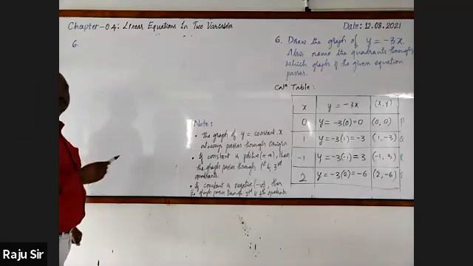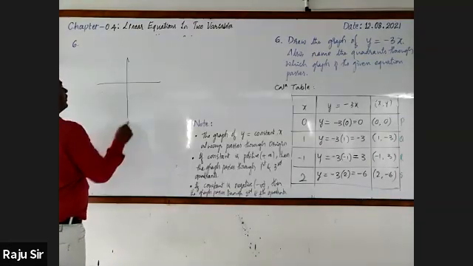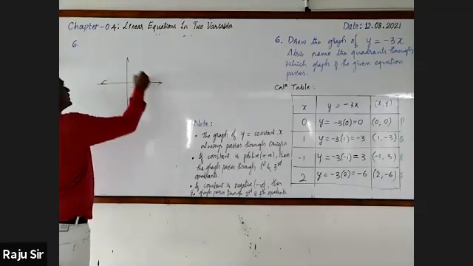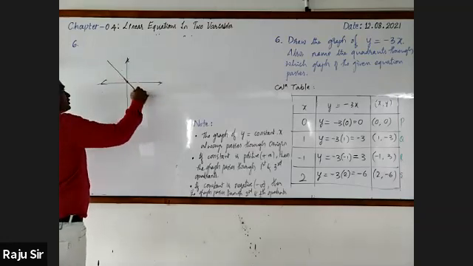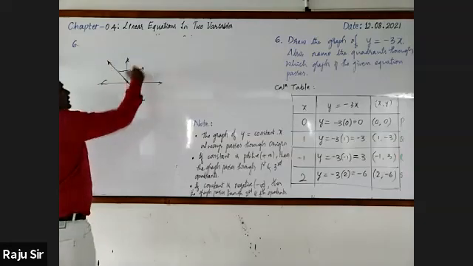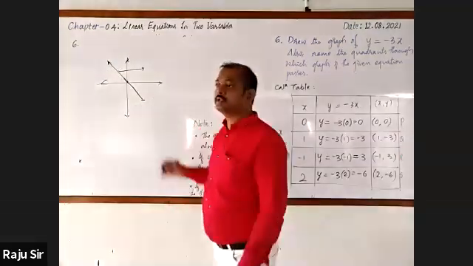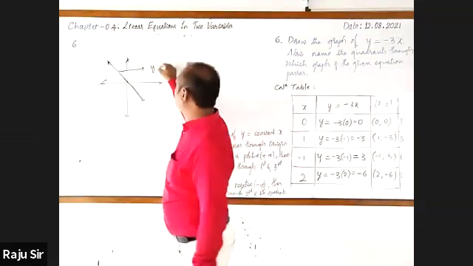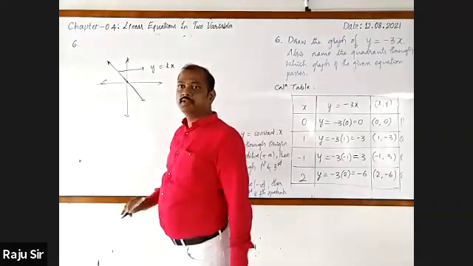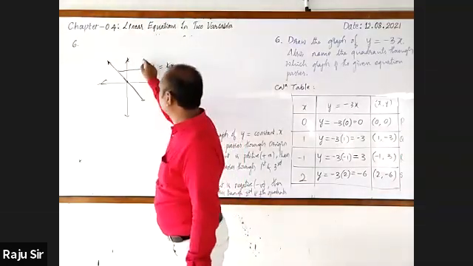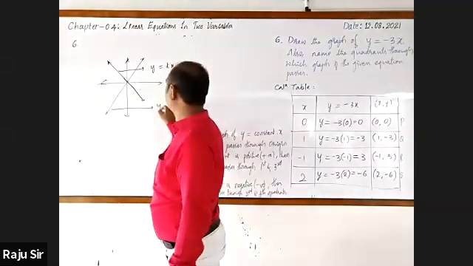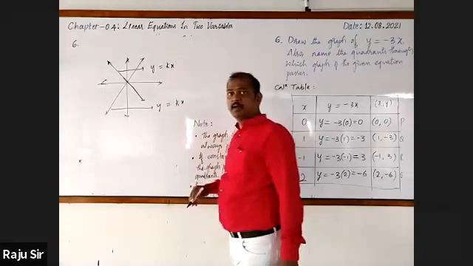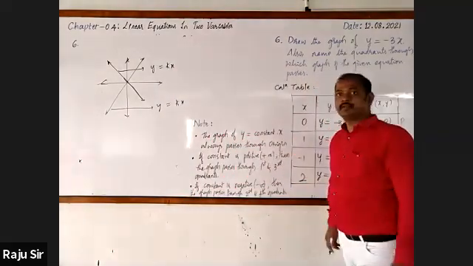Just observe it. It is the X and Y axis. This is the graph that passes through the origin. What is the general form of this equation? Y equal to K into X. This is y equals kx, and the other is y equals minus kx.